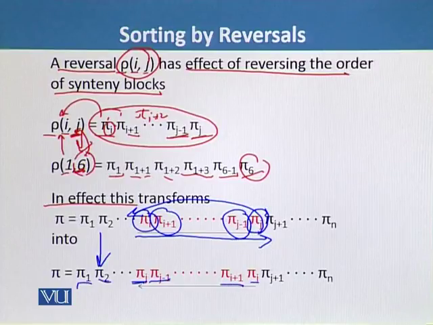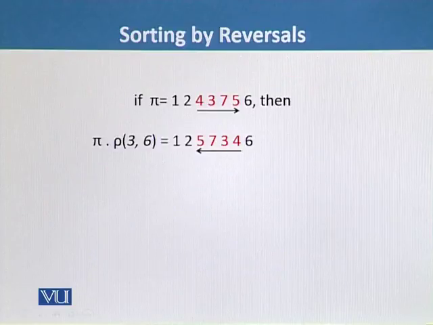And again these are the same pi values, and this is the termination. So we can just reverse the order of the syntenies or any integers to achieve the process of reversal. Here is the example.